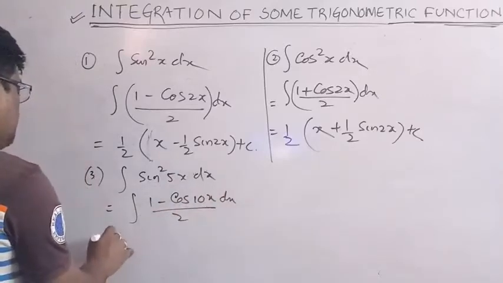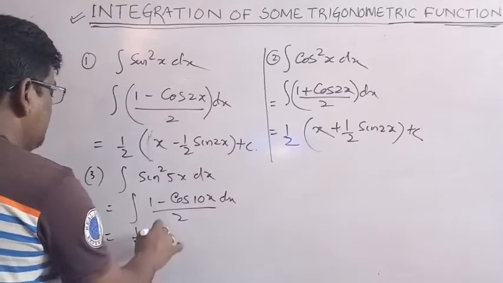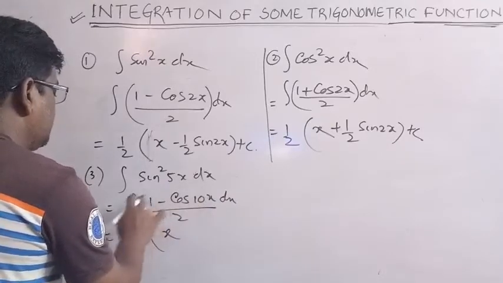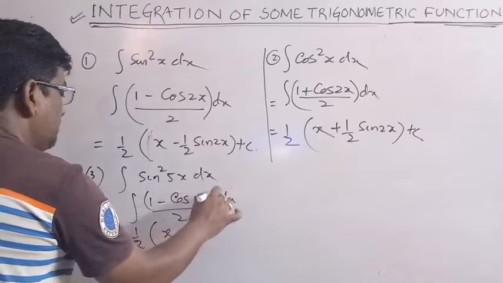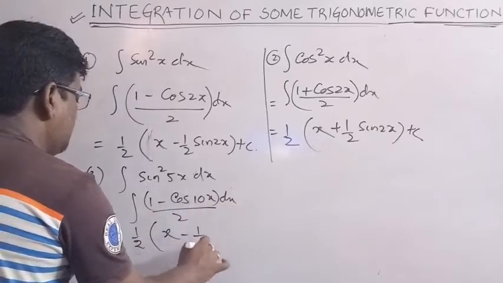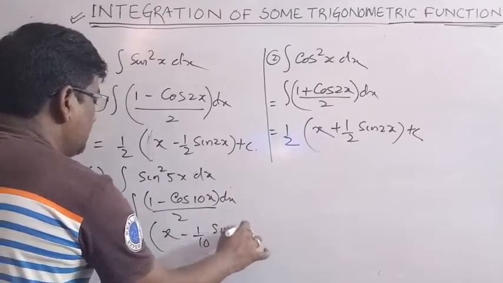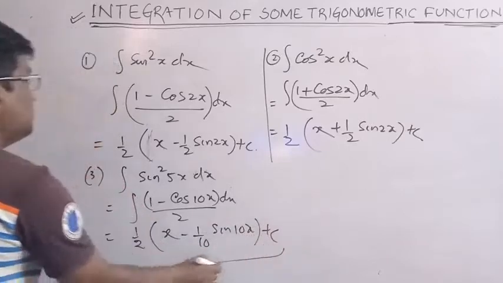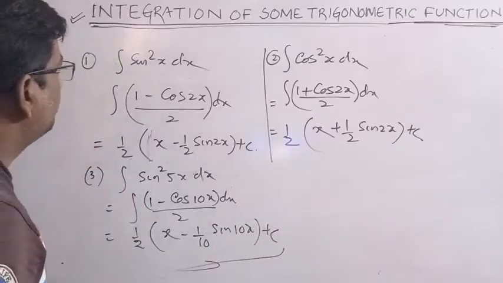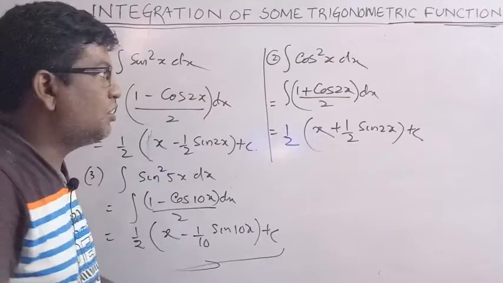So this is equal to 1 by 2 constant, integration of dx x, this is 1 by 10 sin 10x plus c. This is an example of sin x to the power even and cos x to the power even.